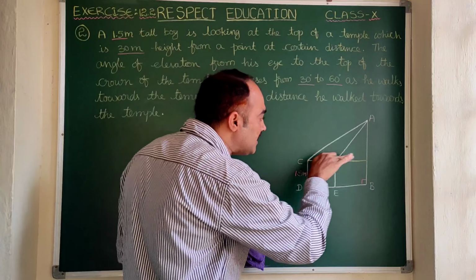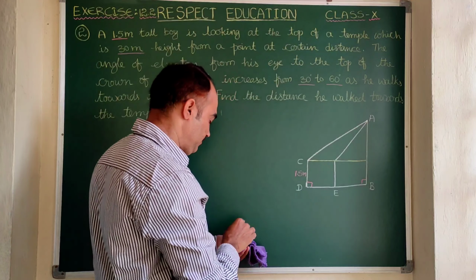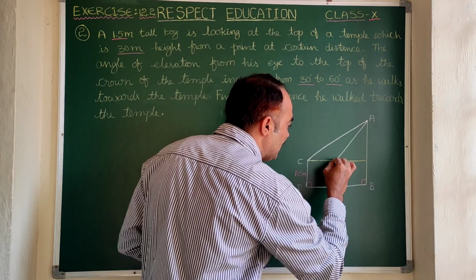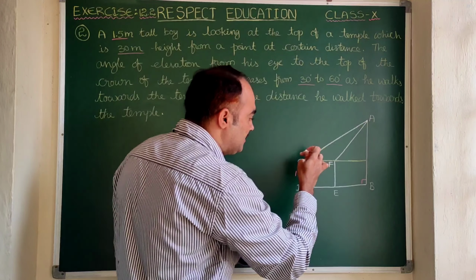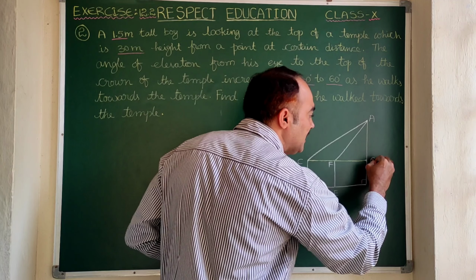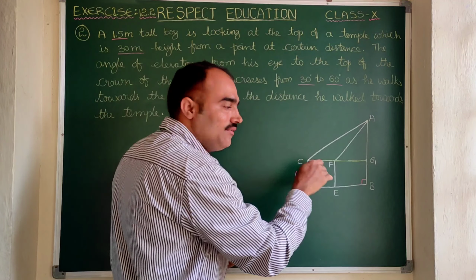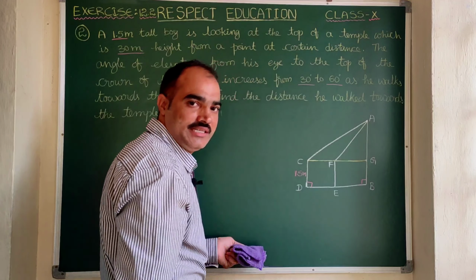This is the horizontal line, whereas these two are the lines of sight. Now consider this point, label it as G. A, B, C, D, E, F, and this point, this is called the point of coincidence, from where you have drawn a parallel line which touches this line AB. This is called the point of coincidence.